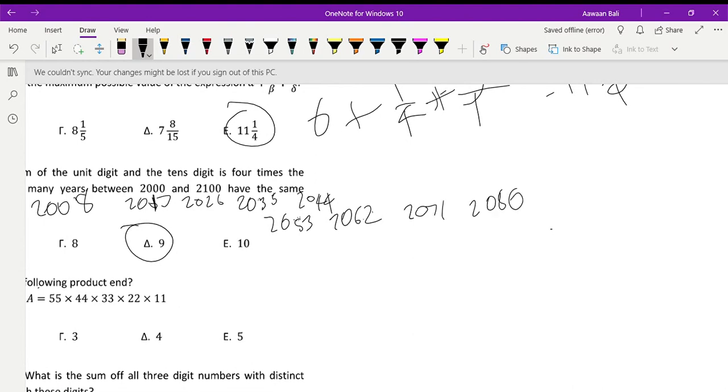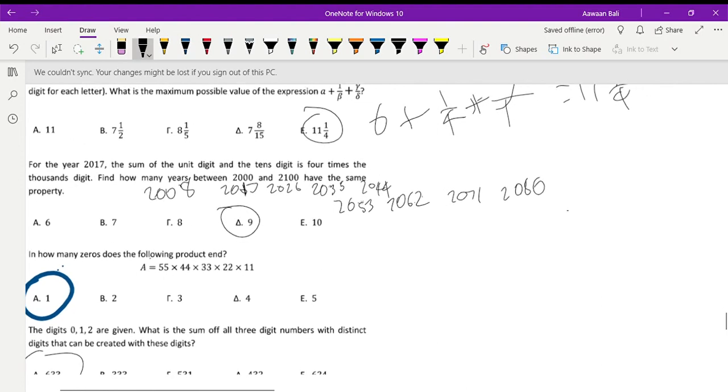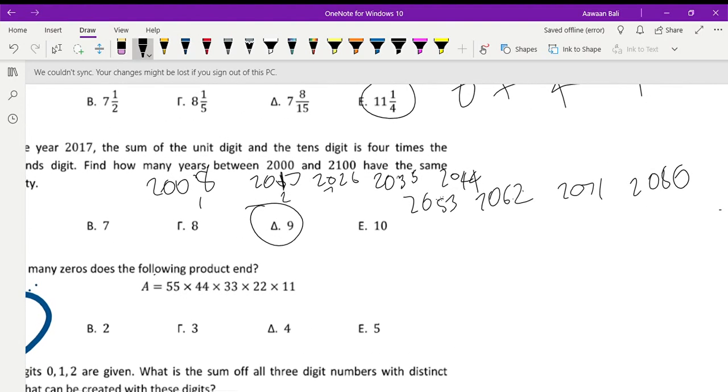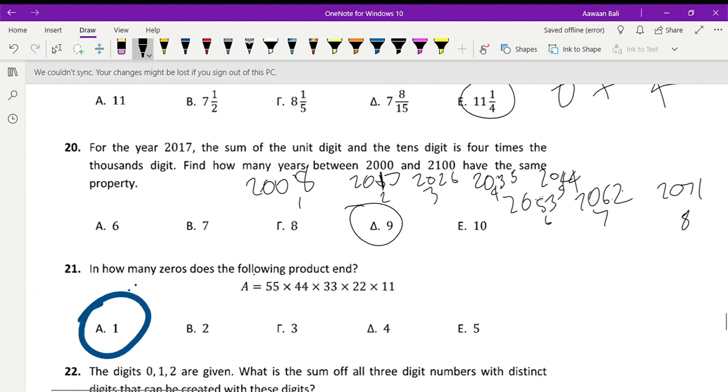After that, that's all of the sums of 8, and after that you can't go any further. So 1 2 3 4 5 6 7 8 9. Therefore the answer is delta 9.